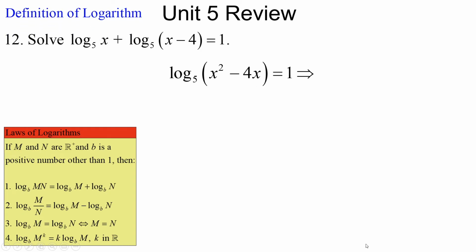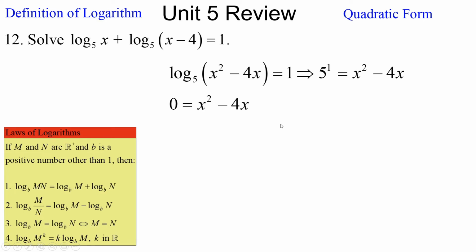So definition of logarithm. So this base 5 to the first power has to equal x squared minus 4x. And now I have a quadratic equation that I can easily put into quadratic form by subtracting 5 from both sides. So 0 equals x squared minus 4x minus that 5.